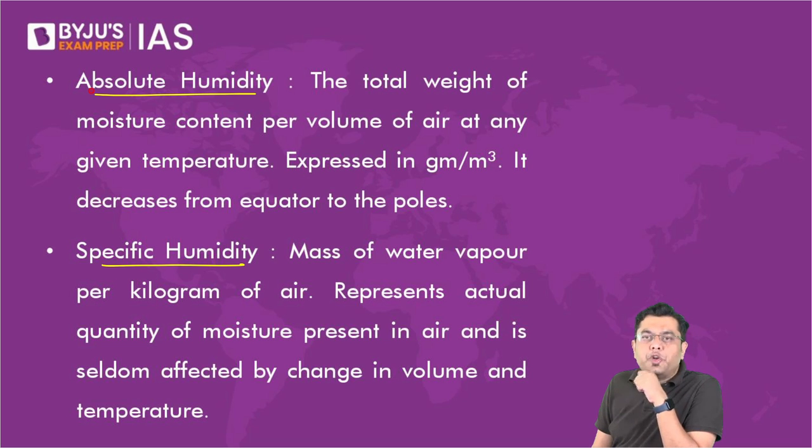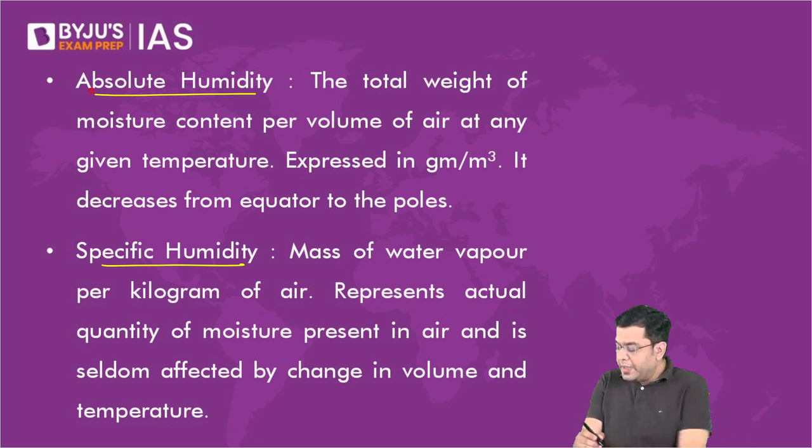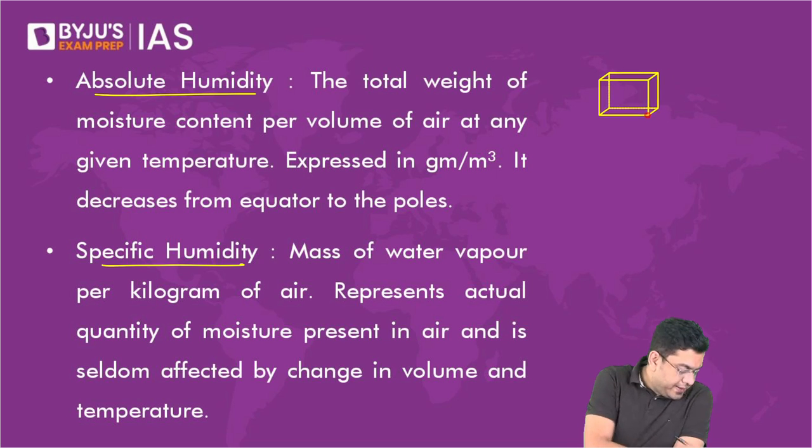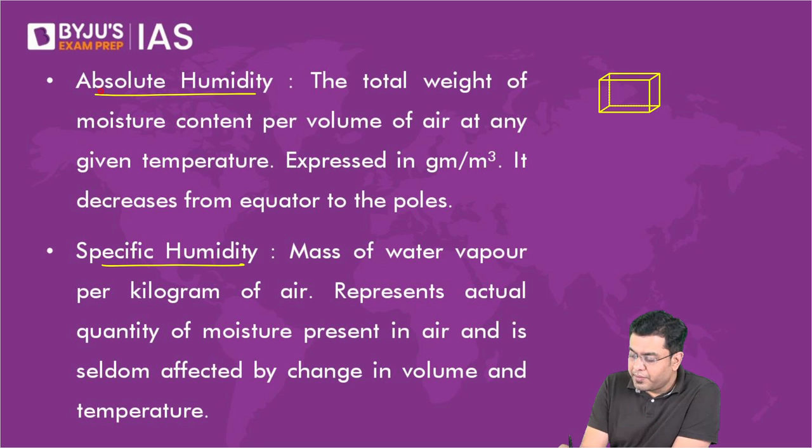So, for example, let's start with absolute humidity. What do we mean by absolute humidity? This measures the total weight of water vapor present per volume of air. Volume here can be, let's suppose, 1 meter cube. Let's suppose we consider an air parcel, and let's say its volume is 1 meter cube.